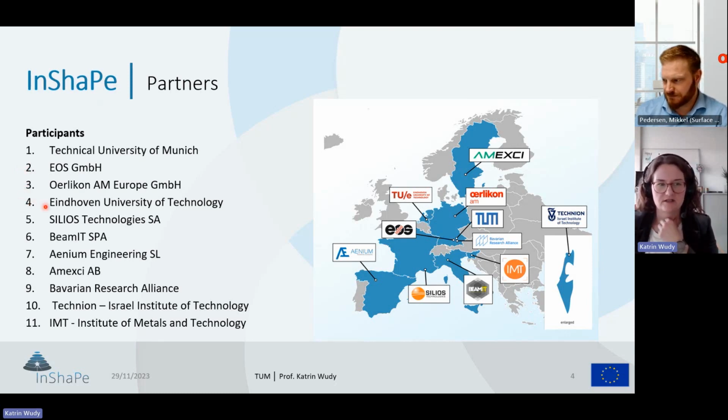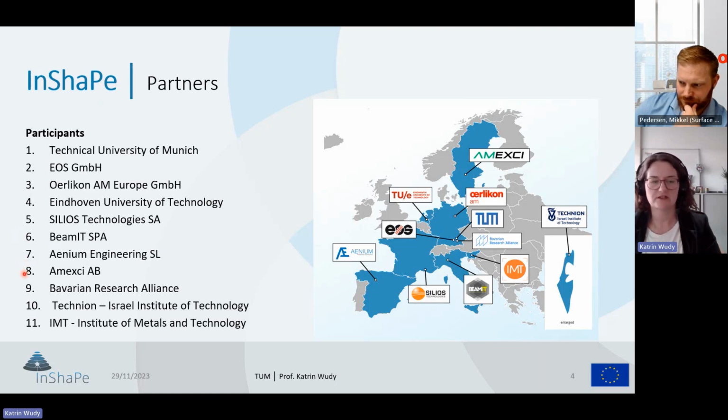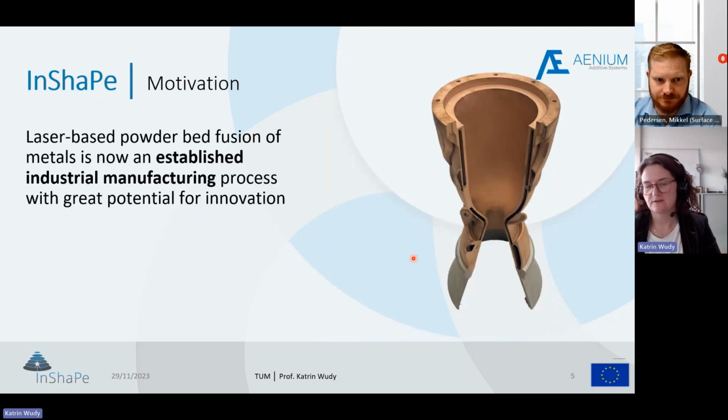As scientific partners, we have TU Eindhoven, who is dealing mainly with artificial intelligence, and another academic partner is Technion, and we have different use case partners like BMED, Aenium, and Nemexi. We will talk about the use cases later, and one new partner via a hop-on call, which is the IMT in Slovenia. Here you see a picture of where we are spread over Europe and Israel.